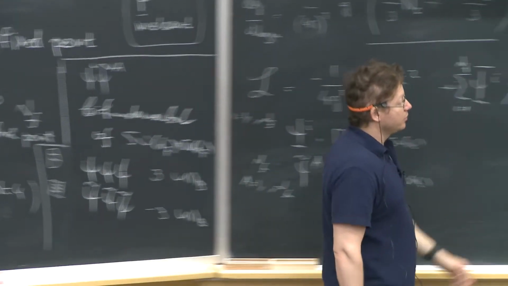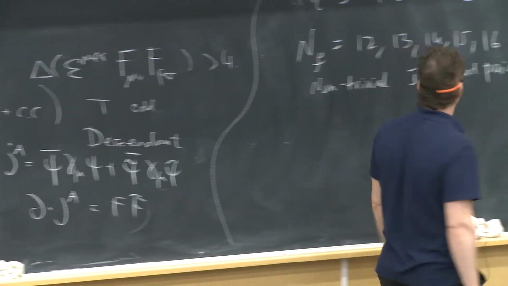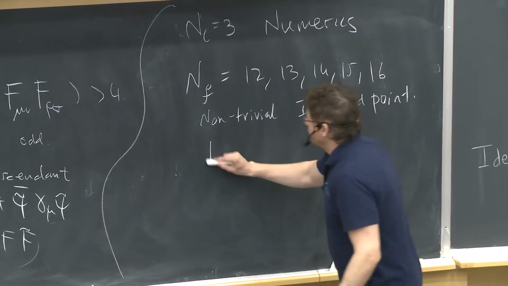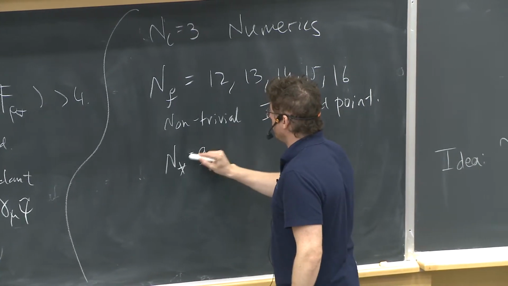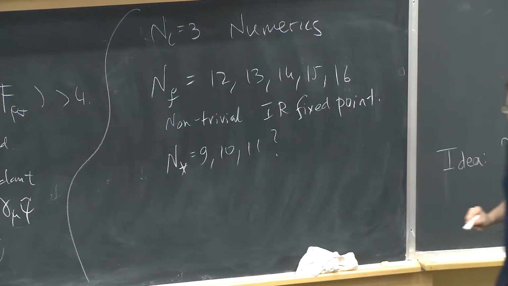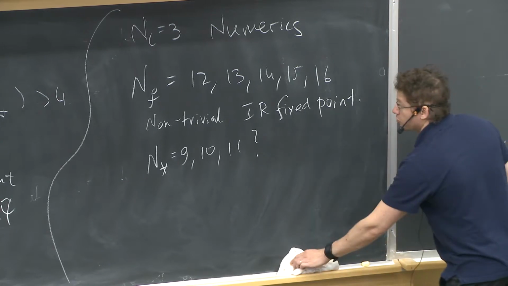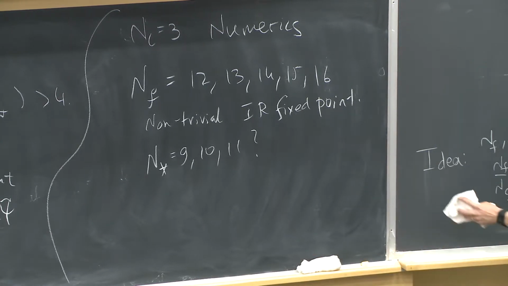For F F twiddle, the argument that it's irrelevant is rigorous, because it's from this anomaly business. So N star might be 9, maybe 10, maybe 11. We don't know. There is some debate in the literature. The different groups claim slightly different answers.